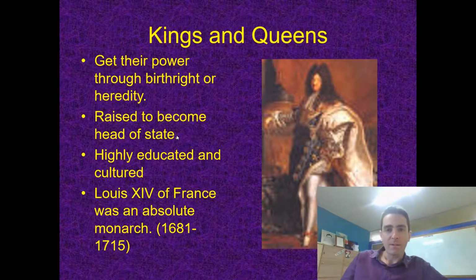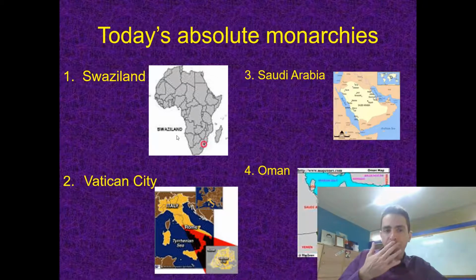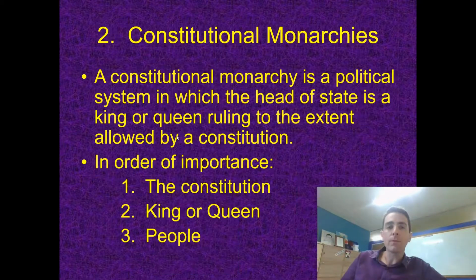But there we are. There are still a few countries with absolute monarchies in the world today, such as Swaziland in the southeast of Africa, Saudi Arabia, Vatican City, and Oman. So not that many left.